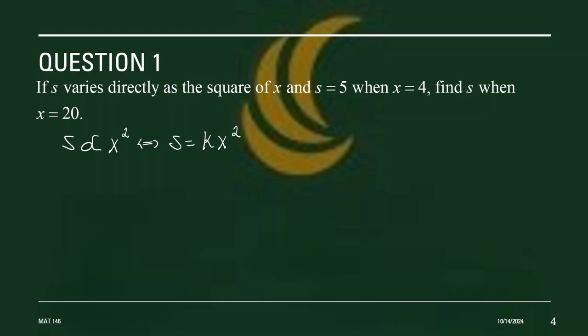But here, they gave us the results of some experiment. They said that when x was 4, s measured to be 5. Winds up with k being 5/16, right?